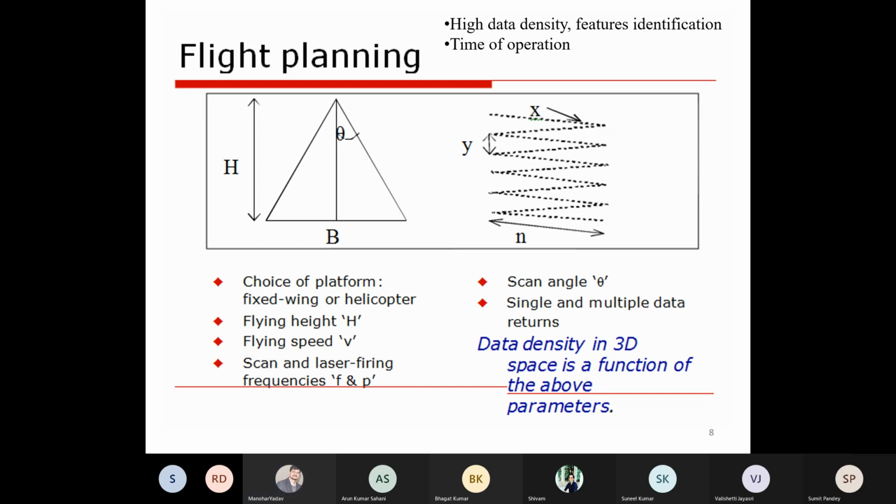So how do you calculate the number of points in one scan line? That is equal to pulse firing rate divided by scan rate. How many points are fired in 1 second divided by how many lines are covered in 1 second.